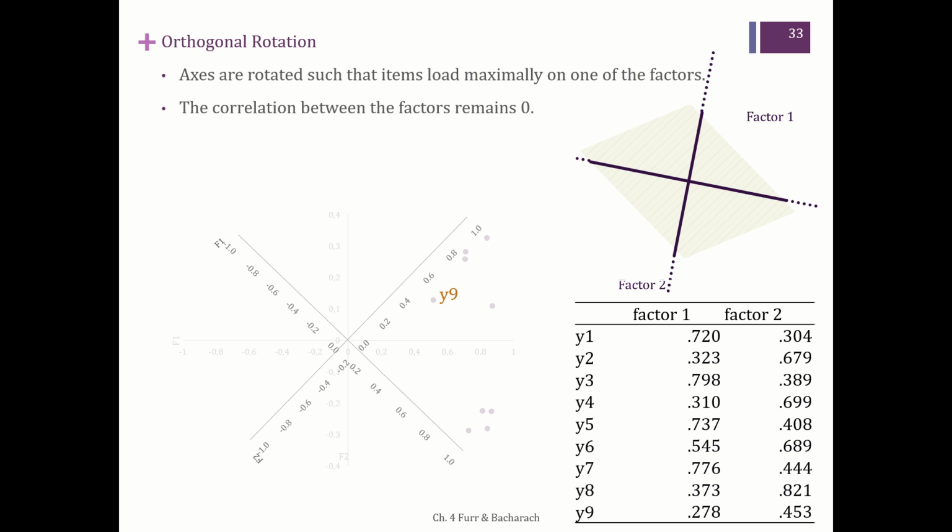Okay, now this rotation is related to the second question we need to ask when looking at vector analysis and when testing dimensionality. And that second question was, if you have more than one vector, do you think those vectors are correlated or not? And we basically discussed two types of rotation during the course, orthogonal and non-orthogonal rotation. And that had to do with the answer to that question.